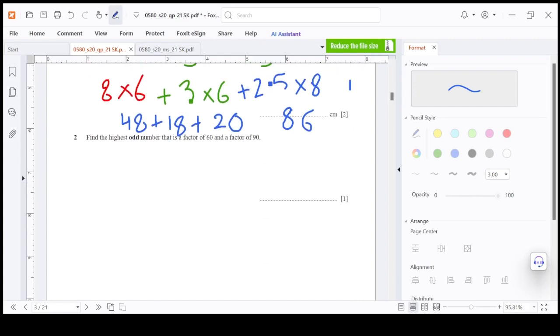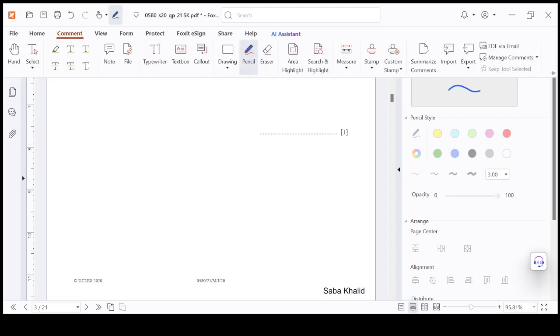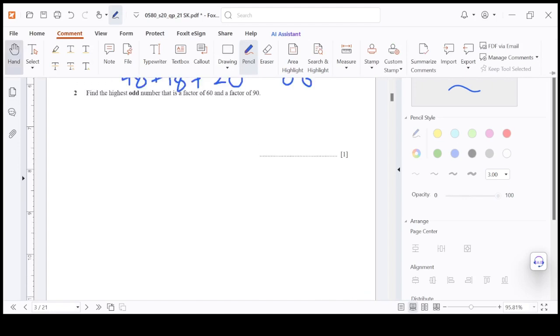Find the highest odd number that is a factor of 60 and a factor of 90. So basically the highest odd number that is a factor of both. Let's find the factors of 60 and 90.